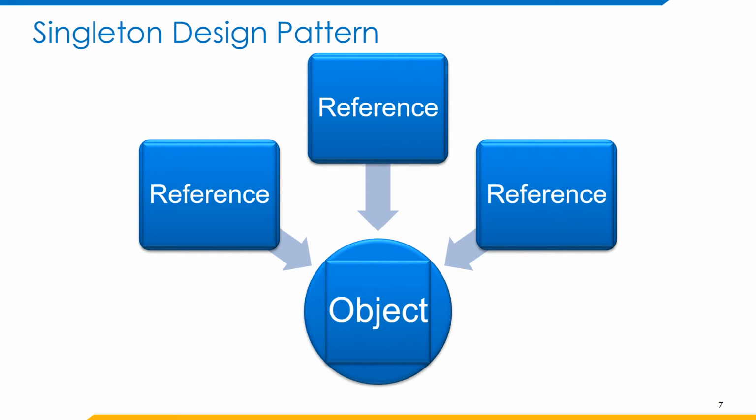Singleton design pattern. Singleton design pattern is used when we want to instantiate a particular class only one time and use that instance multiple times. To develop the Singleton design pattern, we have to follow some rules.